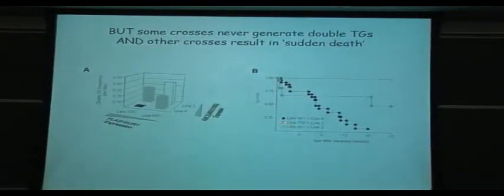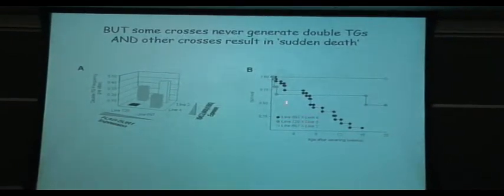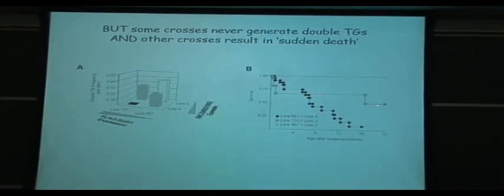Crossing 697, the very low SUR overexpressor, with line 4, we found death at an average of about 8 weeks, though we didn't do many litters to look at this. Crossing the high SUR with the low 6.2, again, we got aggressive death of the animals. We called it sudden death because there was no obvious phenotype when they died. They'd look normal one day, you go into the cage the next day, and they're dead.